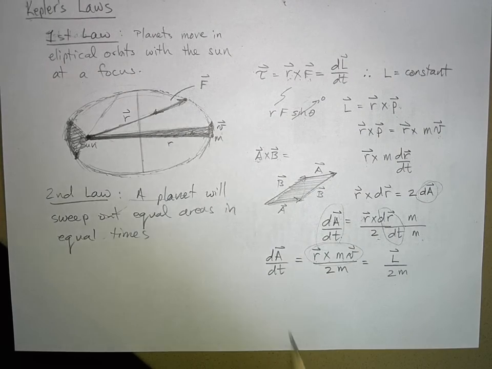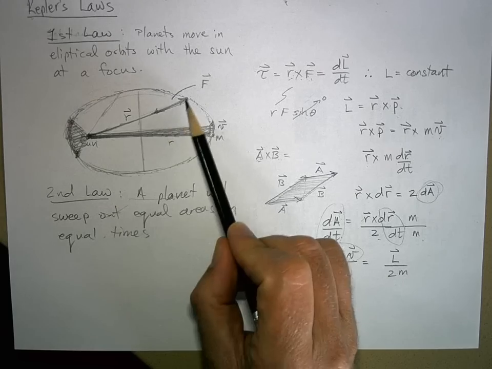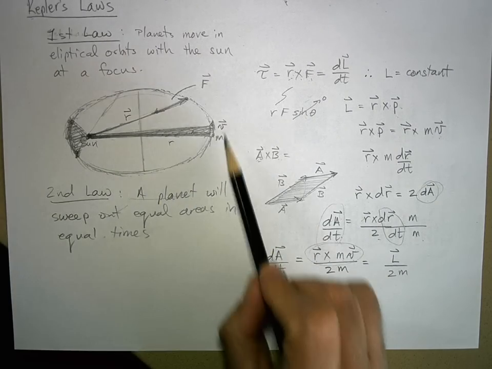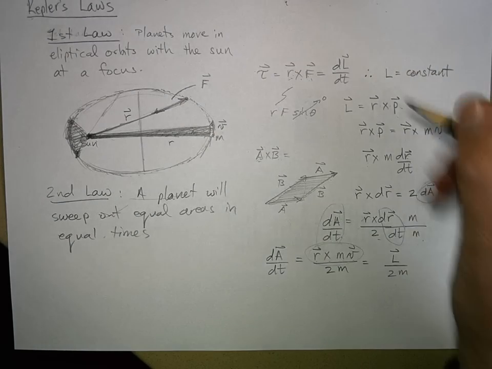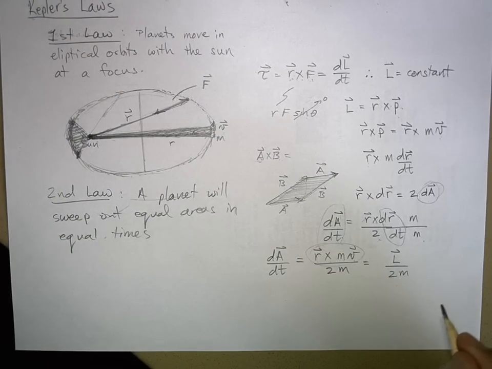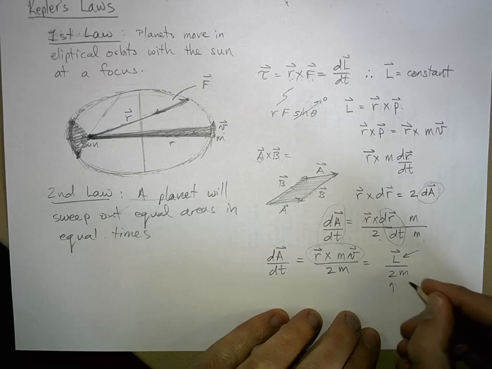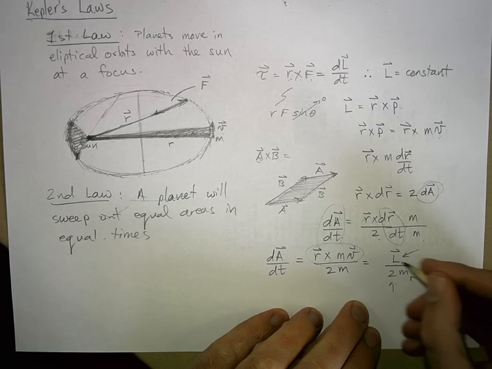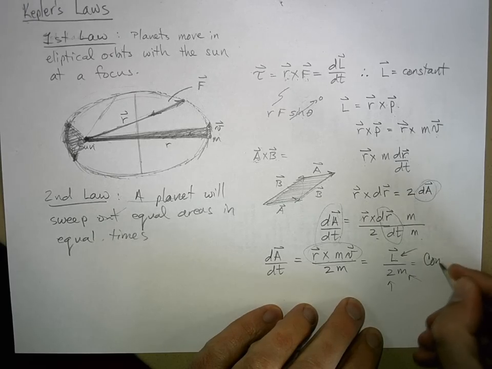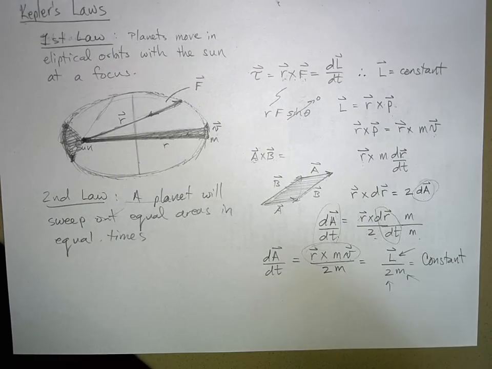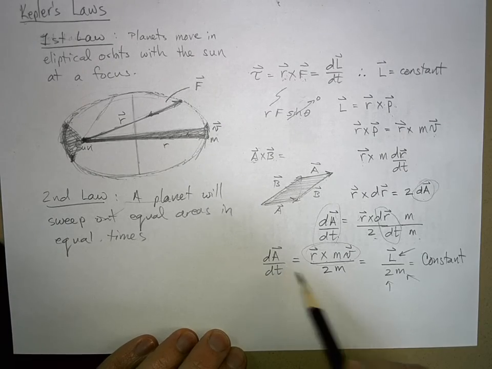But because there is no torque, gravity does not apply a torque to my planet, we're saying that the angular momentum of my planet is constant. Well, that means that this is a constant. Well, 2 is a constant, and the mass of my planet is a constant. So L over 2m is a constant.